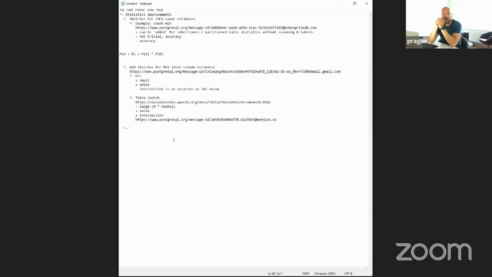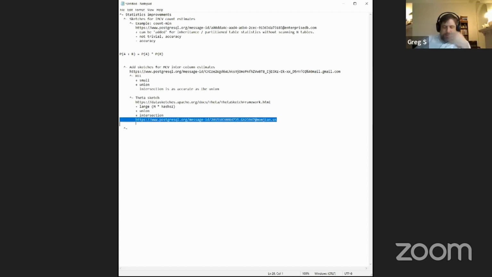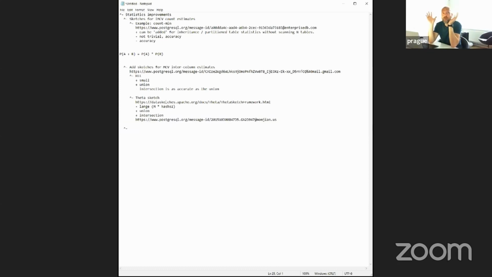I think what Matthias mentioned is patents. More complicated is the patents, right? Yeah, I have no idea. I know that the Apache license has a patent grant, but I have no idea how that works for this particular sketch.